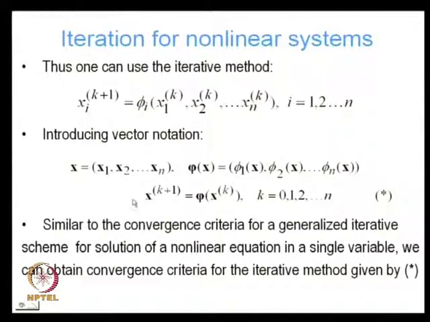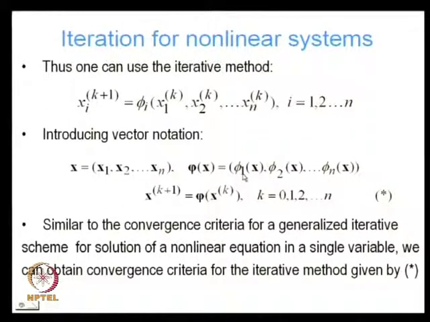So, we introduce vector notation. We have this vector x, which basically means x1, x2 through xn. The components x1, x2, xn are scalars, while vector x is a vector. Phi of x is also a vector, and it comprises these scalars, phi 1, which is a scalar valued function of a vector. It is a function of a vector x, but its value is a scalar.